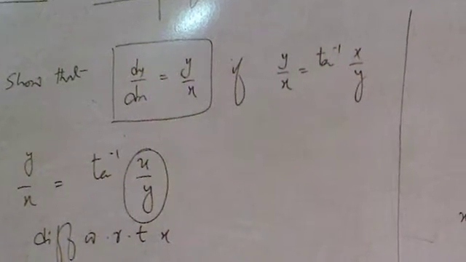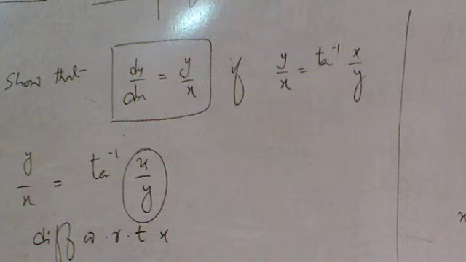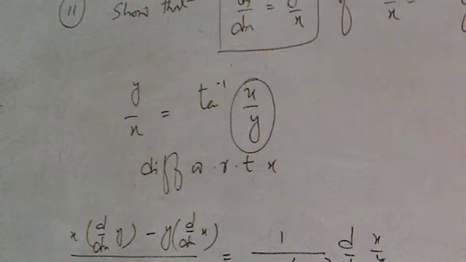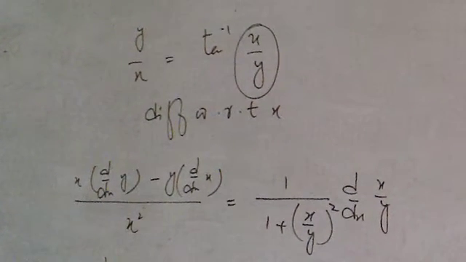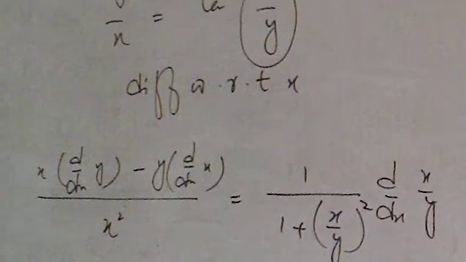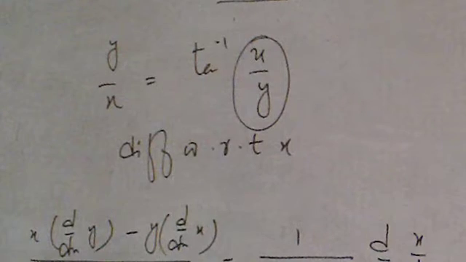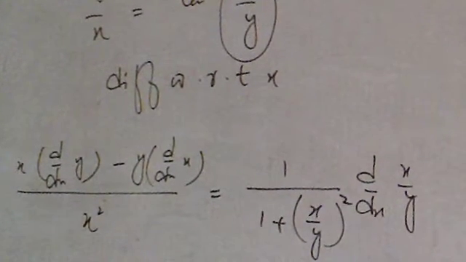Now we have the question y over x equals tan inverse of x over y. We differentiate with respect to x. On the left hand side we apply the quotient rule, n over d, and on the right hand side we first apply the formula of tan inverse, 1 over 1 plus x square.